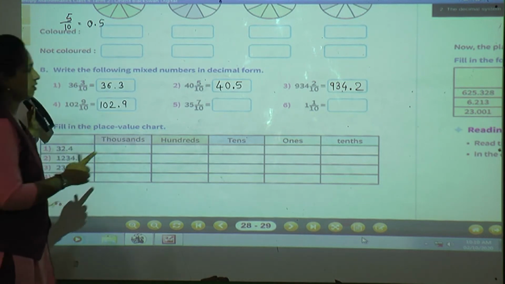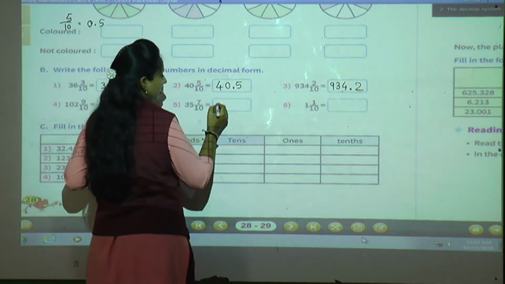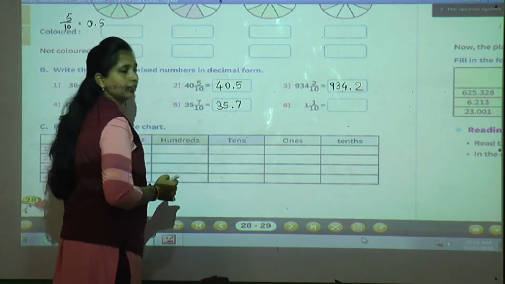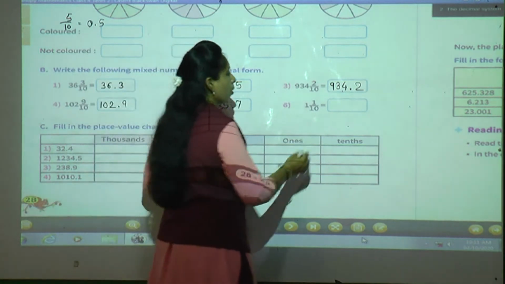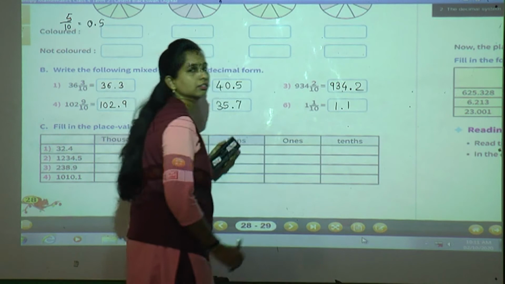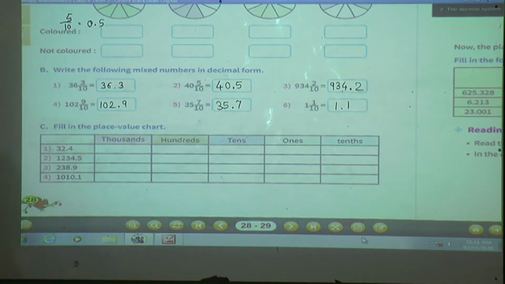Okay. Now see 35 7 upon 10. 35.7. Now the next, 1 upon 10. 1.1. Clear? Clear till here? Yes, very good.